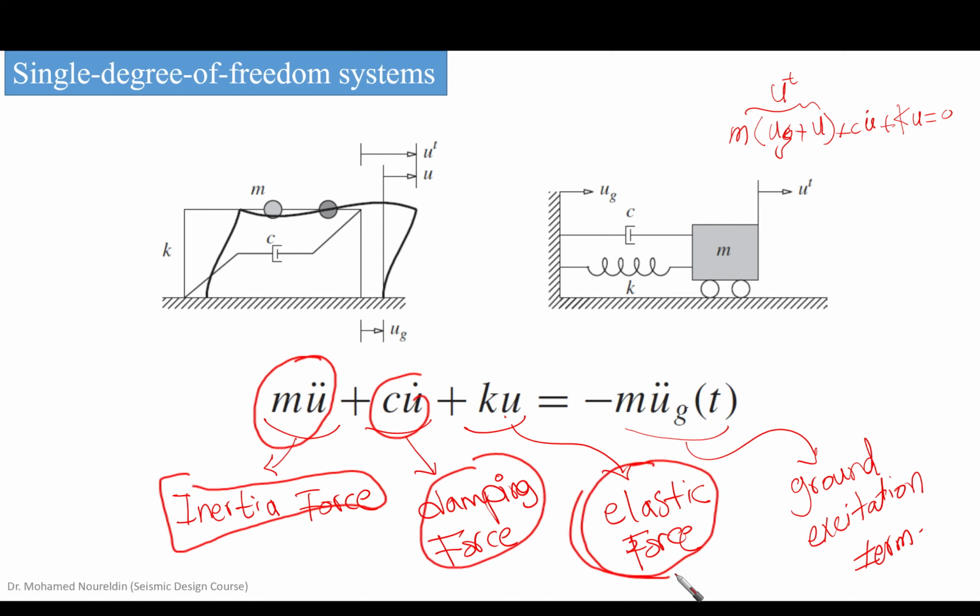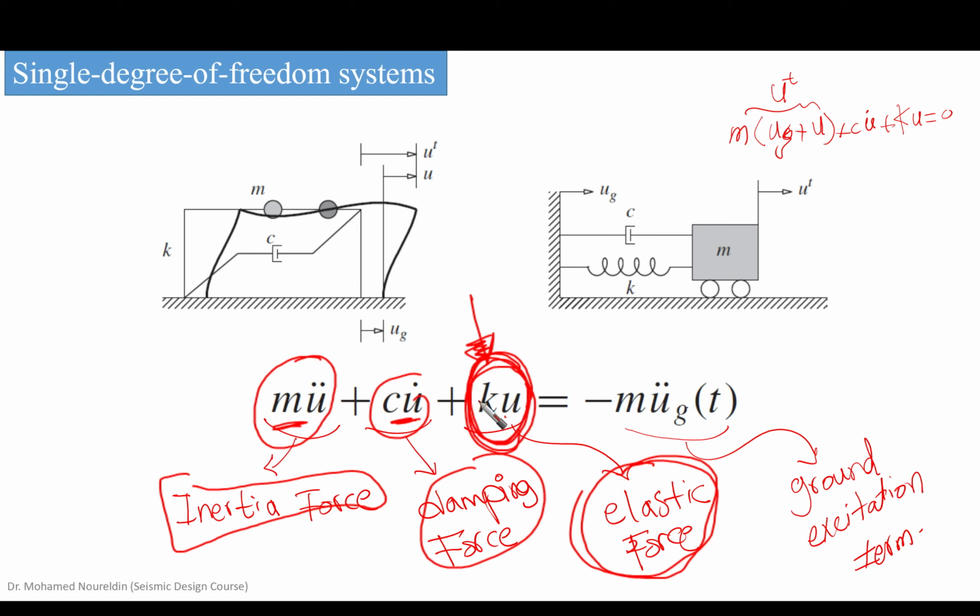The elastic force is the most important for us because knowing k u means we are going to obtain all the forces in beams and columns. So it is important for us to know k u. Even though c u dot and m u double dot are important, at the end we are going to rely on k u, or the elastic forces, in order to obtain the stresses and forces in beams and columns.